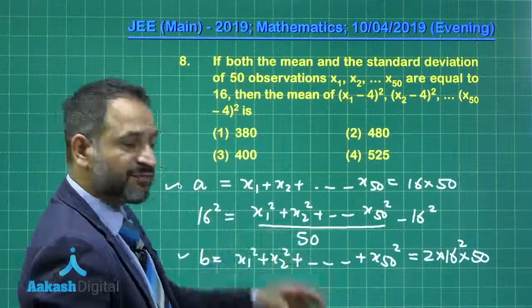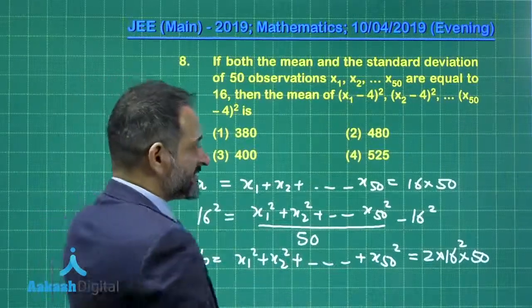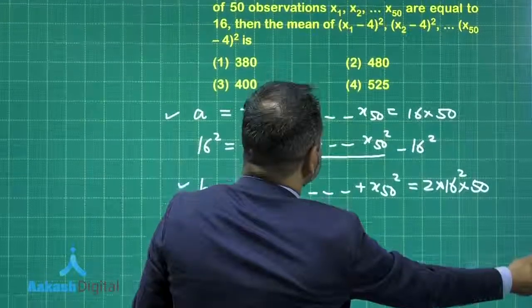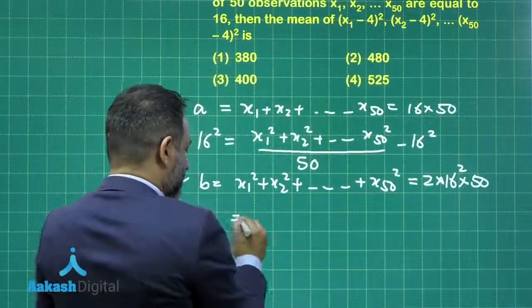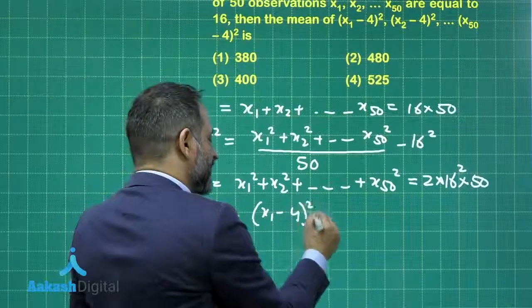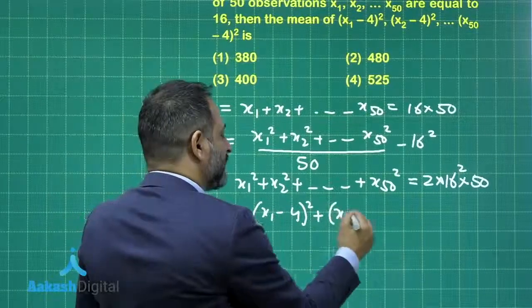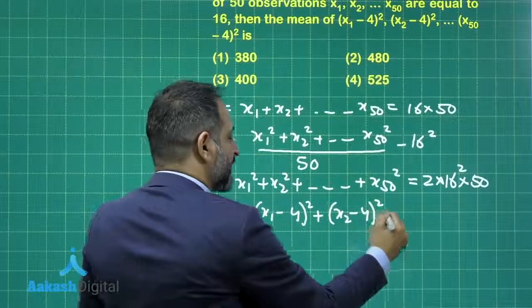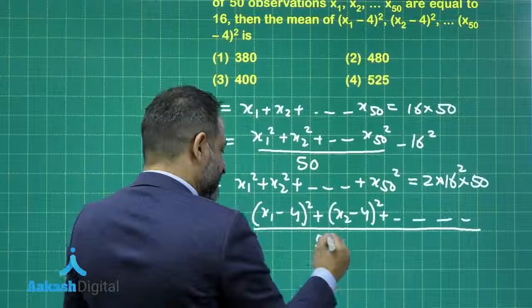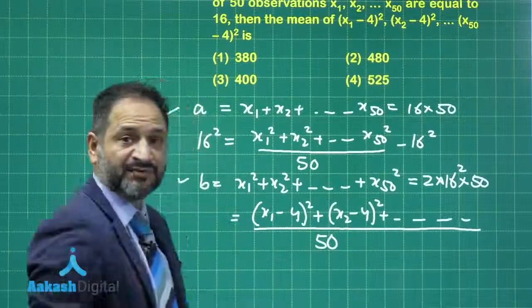Now, what we have to find out here, let us see, the mean of (x1 minus 4) whole square, (x2 minus 4) whole square, and so on up to 50 observations. So, this is what we have to find out.